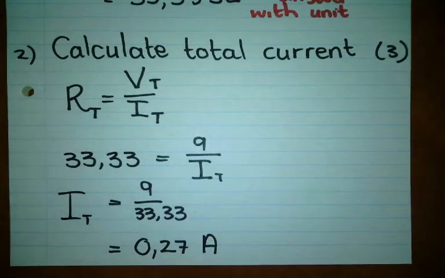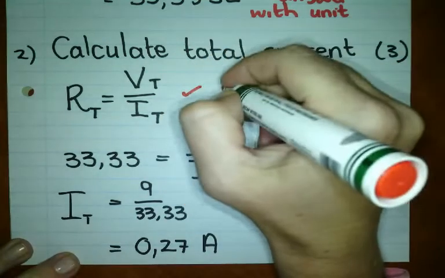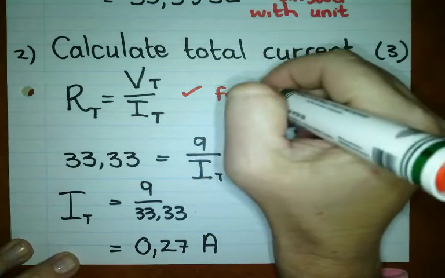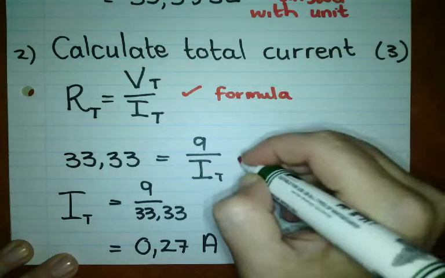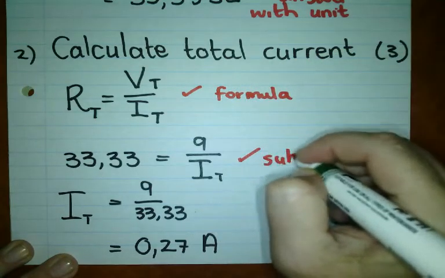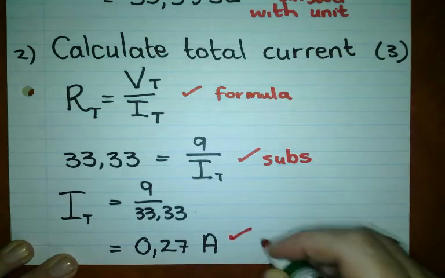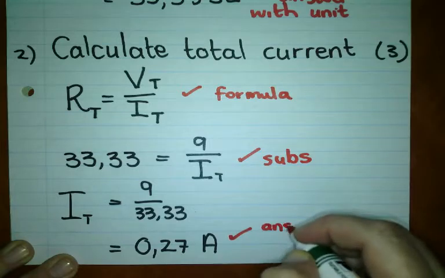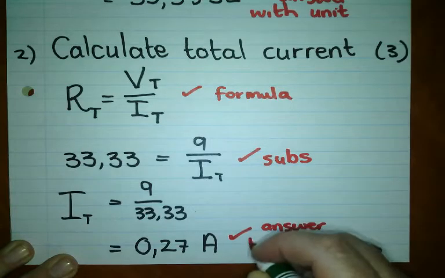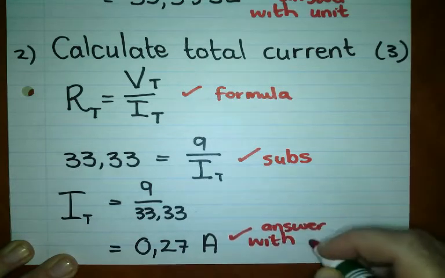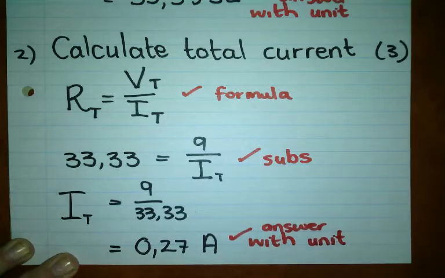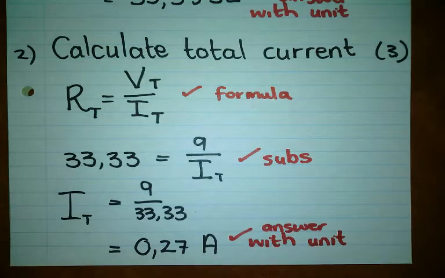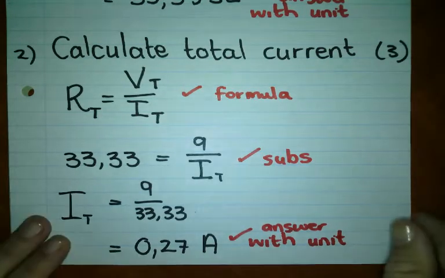Okay, let's just look at where the marks go. Formula, substitution and the answer with the unit. Please remember, if you don't write the unit, the answer is considered incorrect.